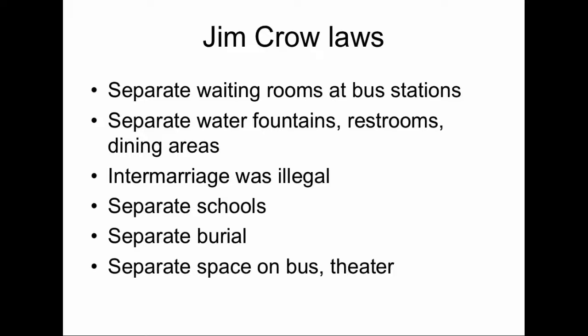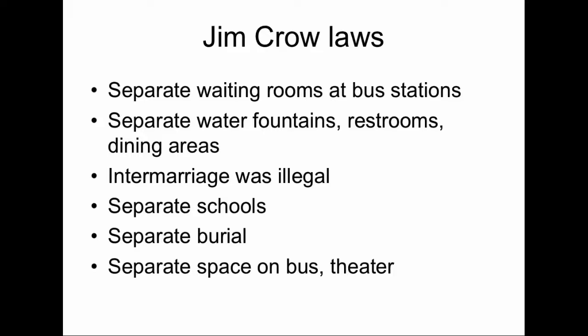And not only did you have to have a separate room, but you had to have a separate entrance for each race to come into that particular restaurant. There were laws designed in all cases to keep blacks and whites separated. Public water fountains and restrooms were marked very specifically as restrooms for whites only, water fountains for whites and water fountains for blacks.